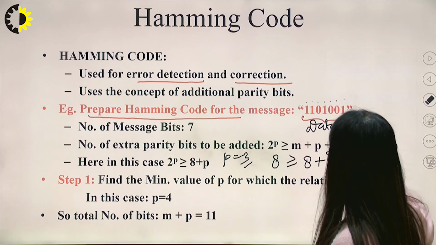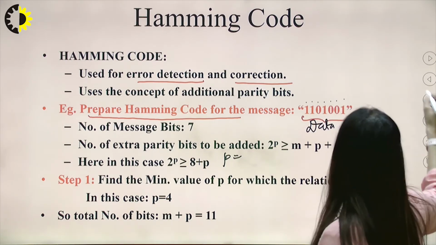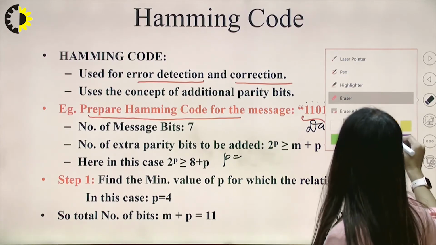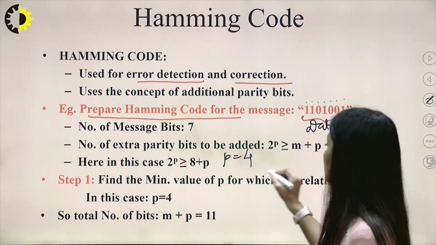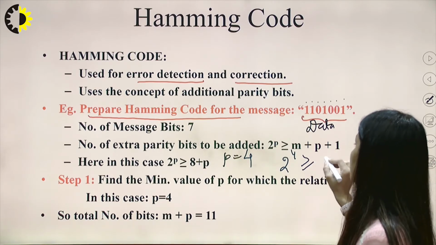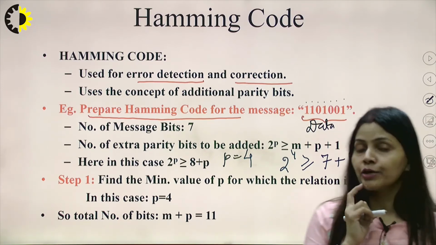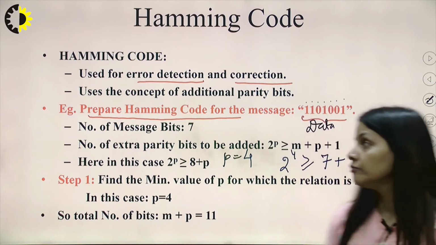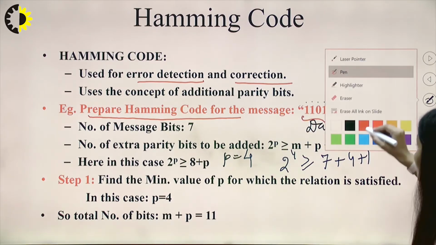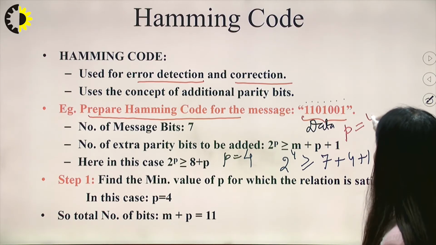So next we will try another value for p, let us take p equal to 4, and we have 2 raised to the power 4 is greater than or equal to m, 7, plus 4 plus 1. So now this equation is satisfied. So we can conclude that p is equal to 4.